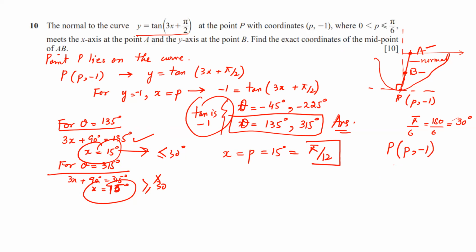And this value is pi by 12 comma -1. Okay. So again, it says find the coordinates of the midpoint of A and B. So there is a curve, and at the point P on the curve, we have calculated the value of P correctly.